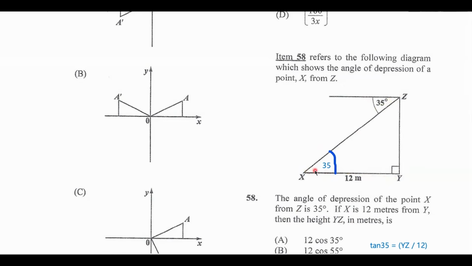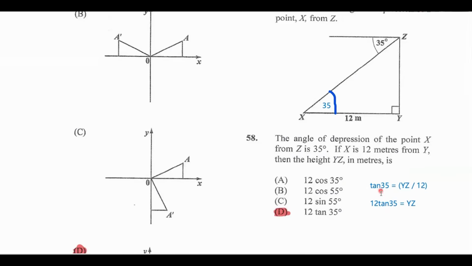As a result, I can say tan 35 is opposite, which is YZ, over adjacent, which is 12. So tan 35 is YZ over 12. Making YZ the subject, carry 12 across, divide becomes multiply. YZ is 12 times tan 35. That's D.